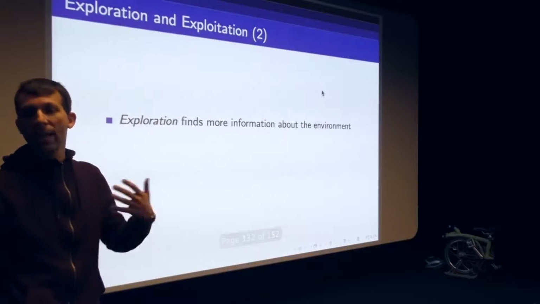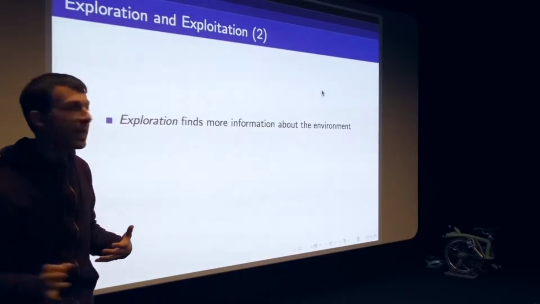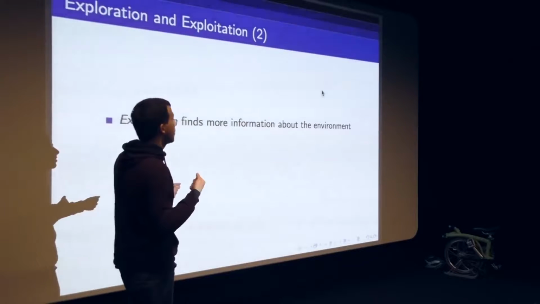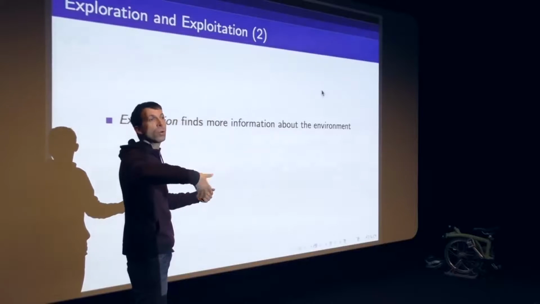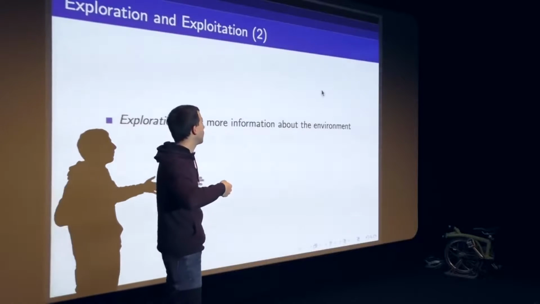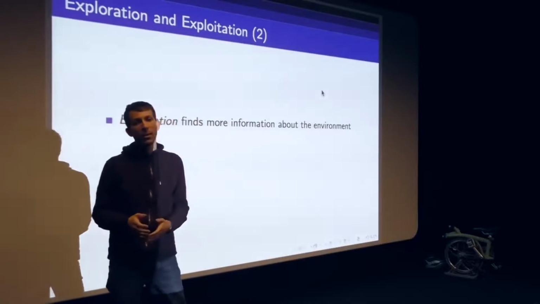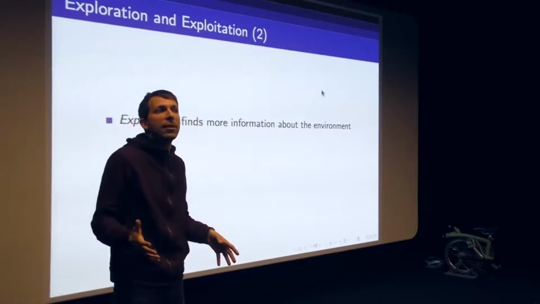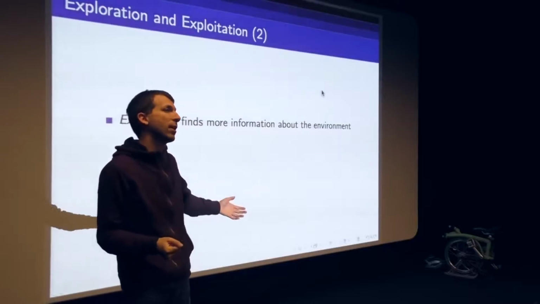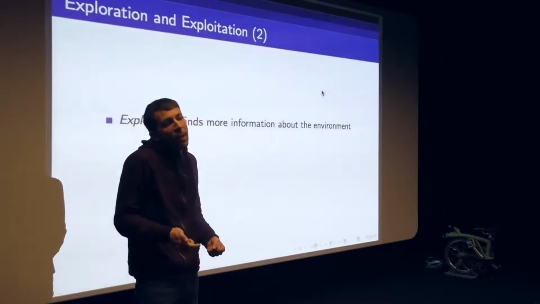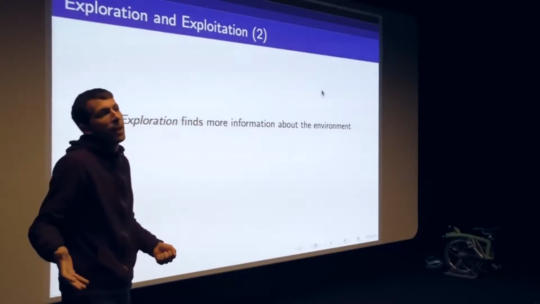So it has to balance exploration and exploitation. In other words, exploration means choosing to give up some reward that you know about in order to find out more about the environment. So maybe you think, given everything you've seen so far, that by going left you'll get the most reward, but you know that you haven't really explored right very much.